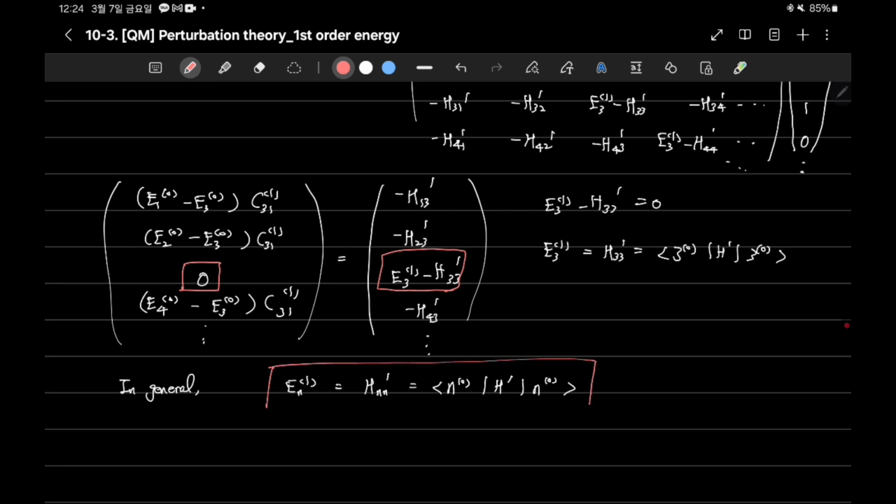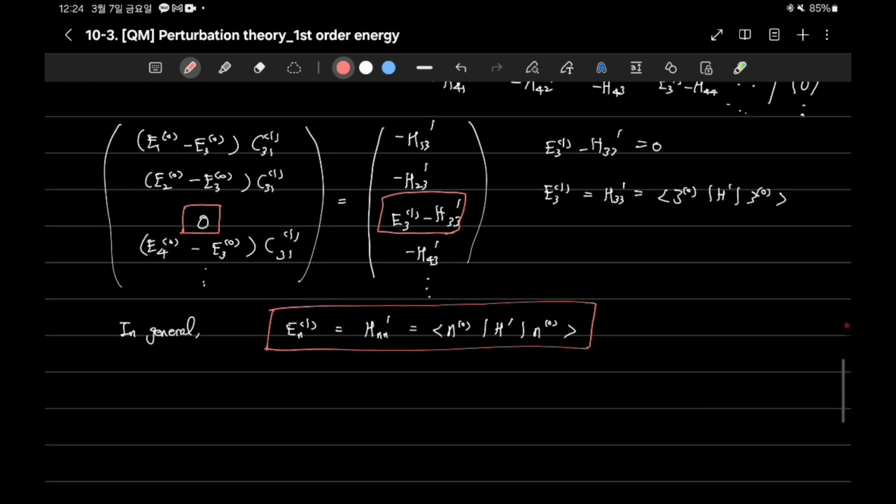So it is very important that the first order energy correction is the expectation value of the perturbation in the unperturbed state.